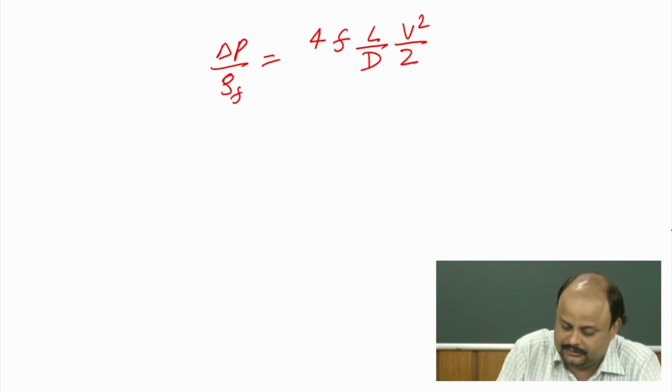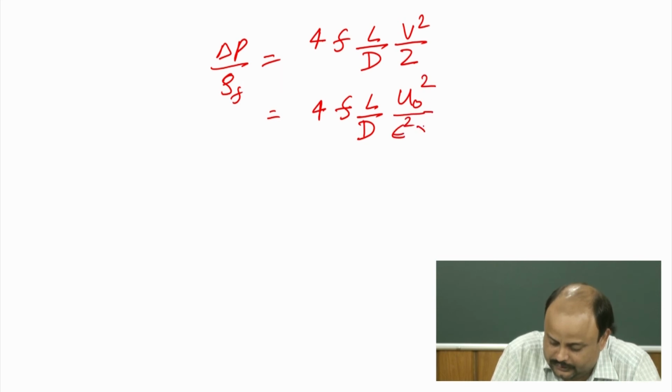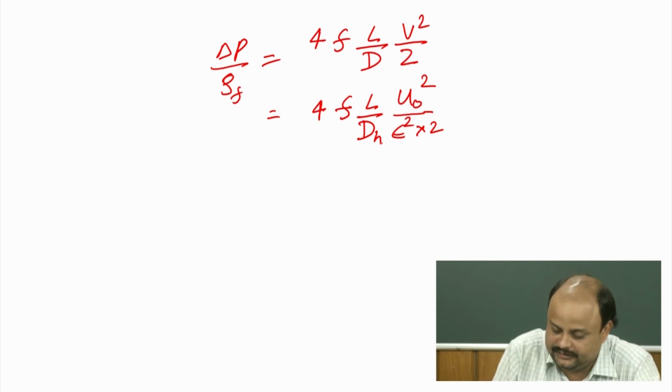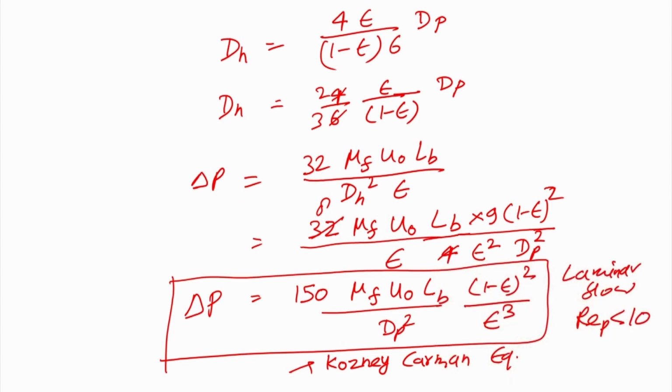So we can say this will be 4 into f L upon D into U naught square upon epsilon square into 2, and D will be equal to DH. You can replace this DH value from the way we have defined it, and DH will be equal to 2 upon 3 epsilon upon 1 minus epsilon into dP. So you can use this.